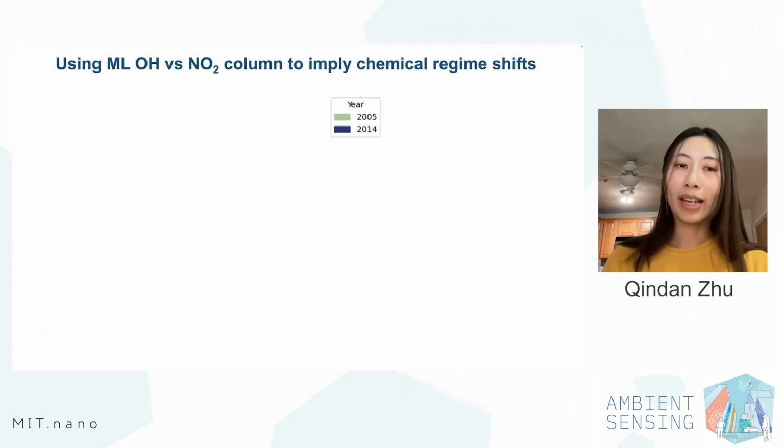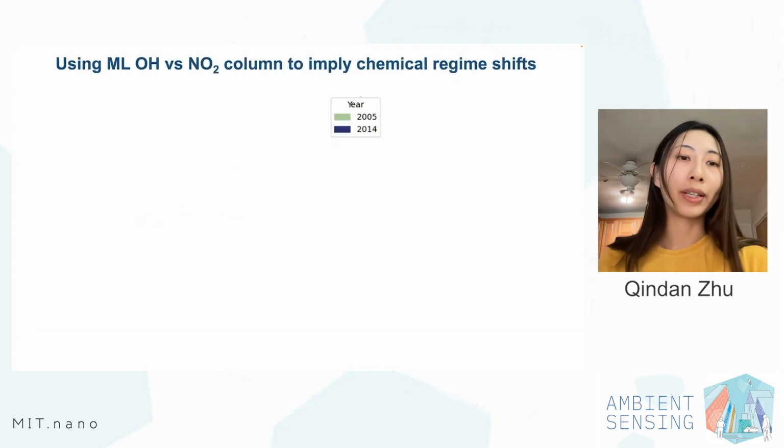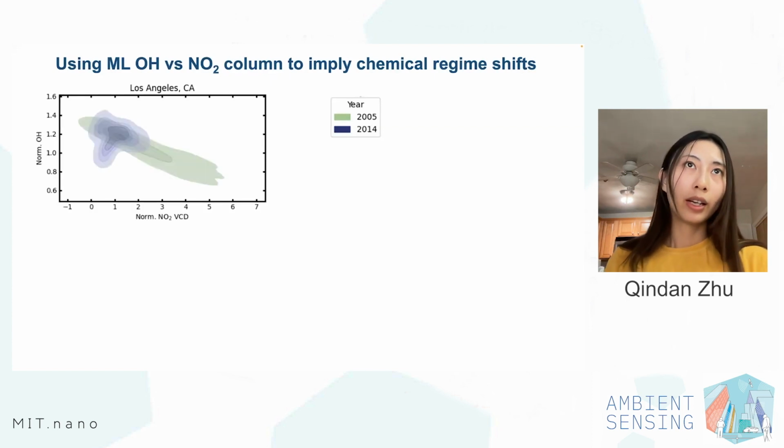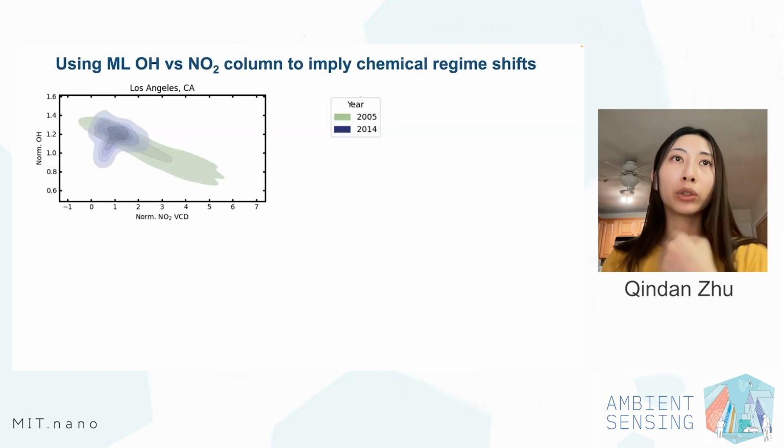So what can we get from the OH trends predicted from the machine learning model? As I said in my introduction slides, we can utilize them to probe the chemical regimes. The first figure shows an example from LA, and I'm showing the density plot of the OH predictions versus NO2 column density from satellite observations over the LA region in both 2005 and 2014.